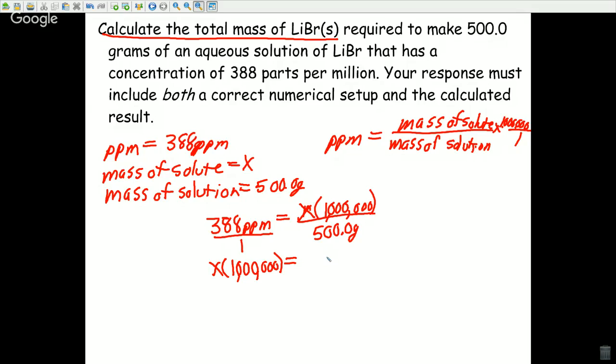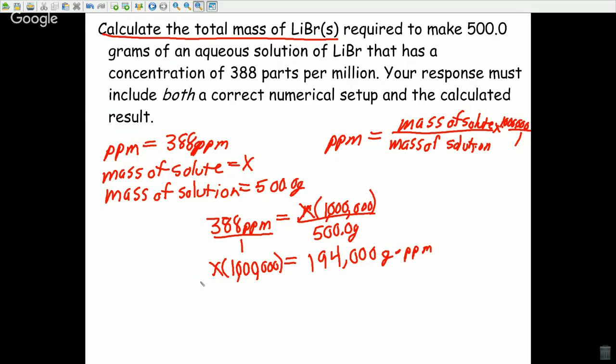And when you multiply 388 times 500, you get 194,000 grams times parts per million.